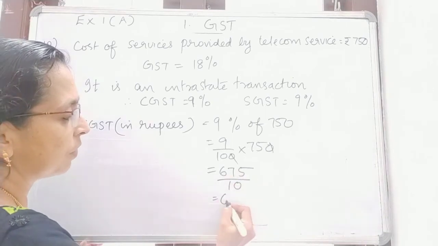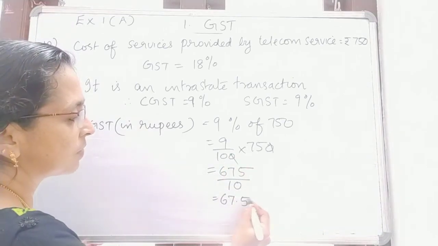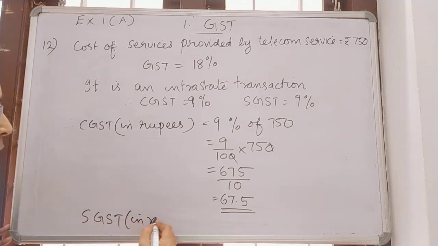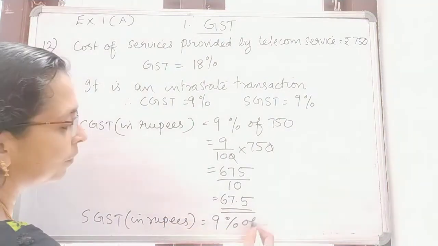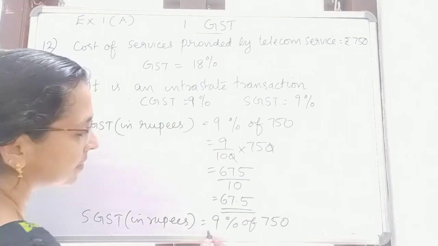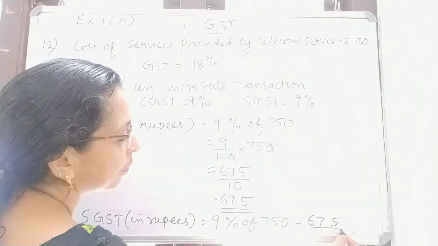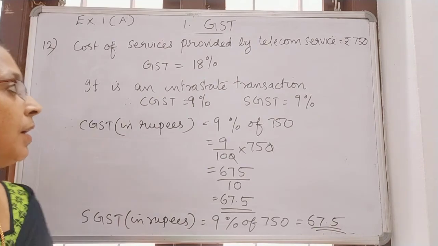So it will be 67.5 rupees. Same way SGST in rupees will be what? That also is 9% of 750. Answer is the same, 67.5 rupees.